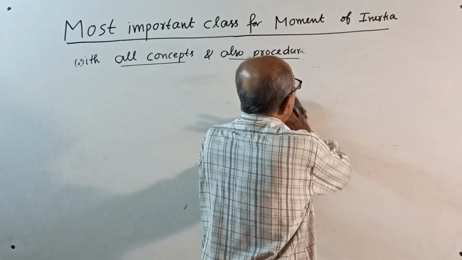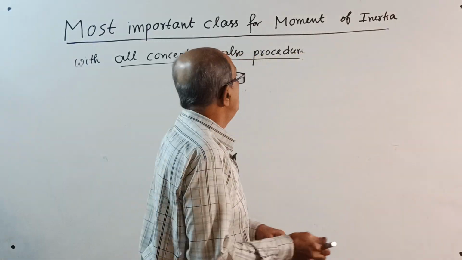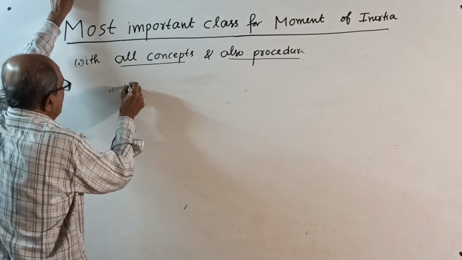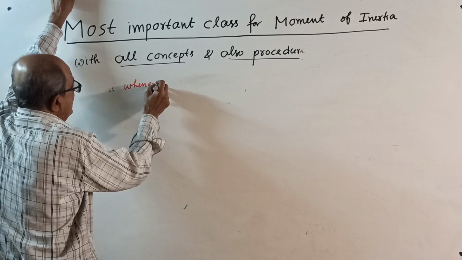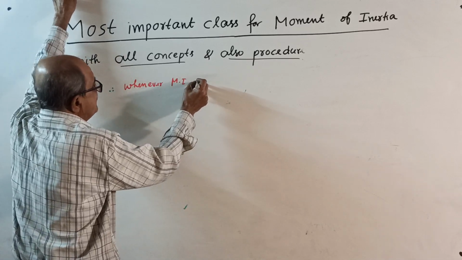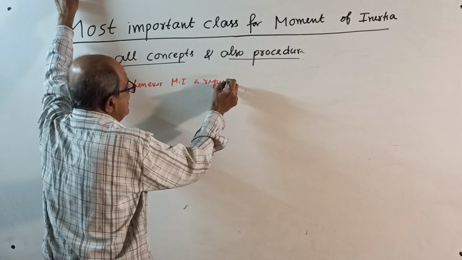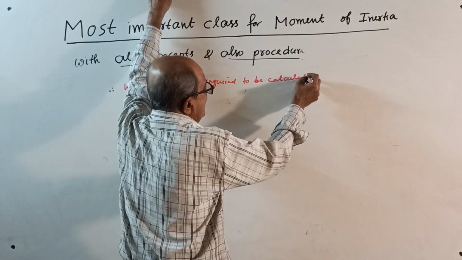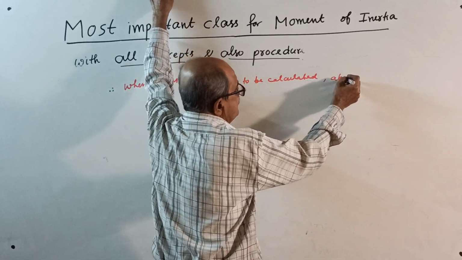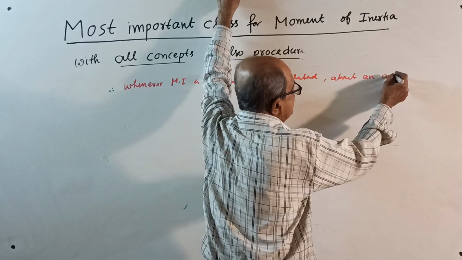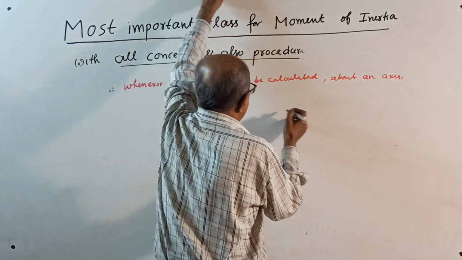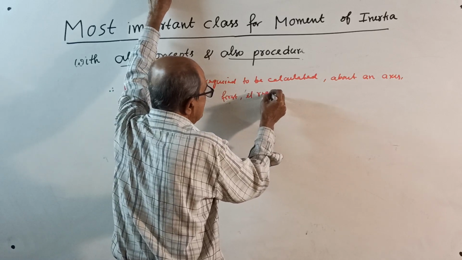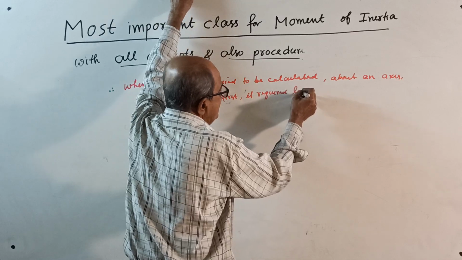Moment of inertia. Now some more concepts are there. Therefore, whenever moment of inertia is required to be calculated about an axis or axes, first, if required, locate that axis.